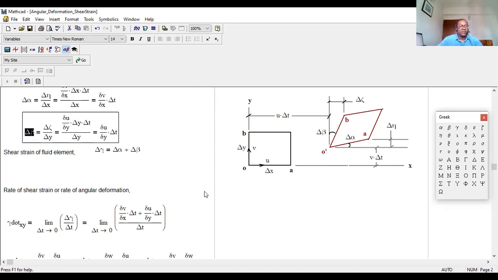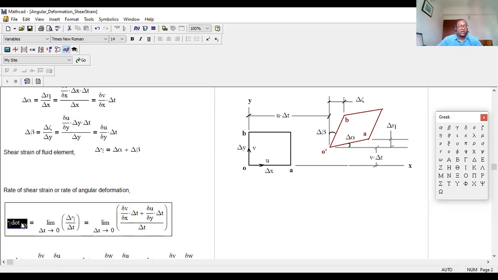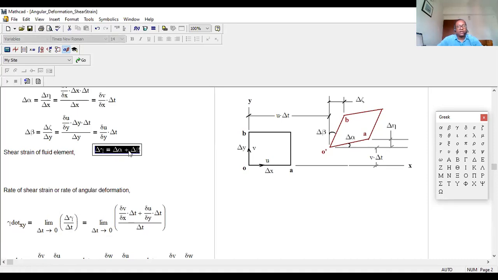Okay. So if I say angular deformation is gamma, I will say gamma dot xy. Why gamma dot? This is the amount of angular deformation, and it is happening within what time?